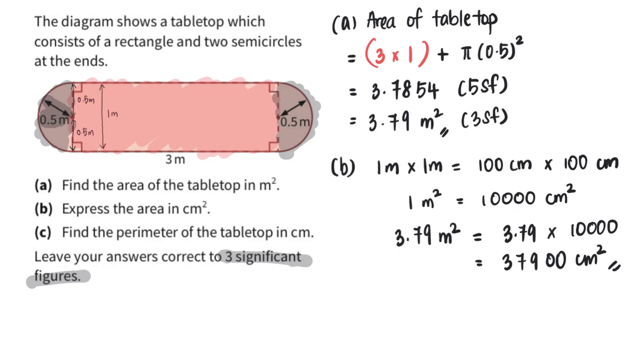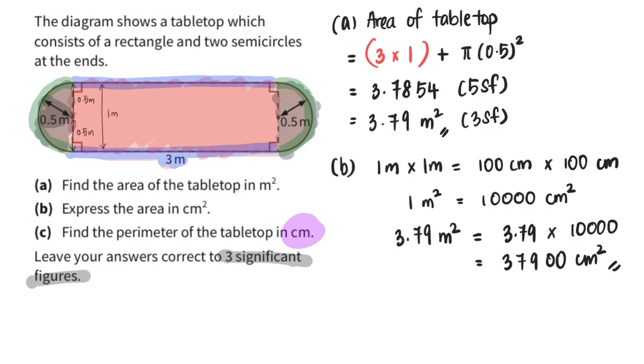Okay, so this is something that we need to take note of later. So for perimeter, we have 3 meter here, use blue color, and 3 meter on top. We also have half a circle here and half a circle here, which means we just need to find 1 full circle and 2 3 meter.